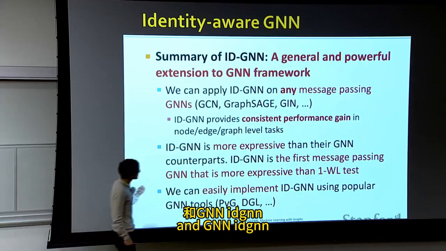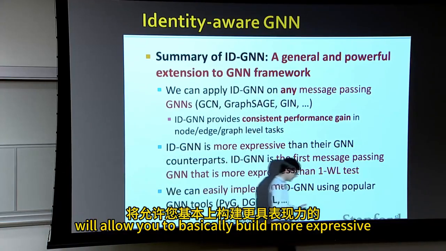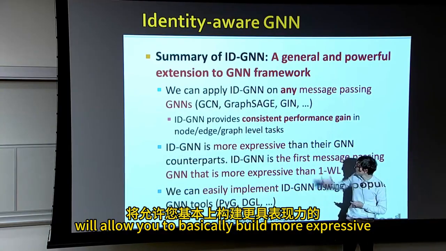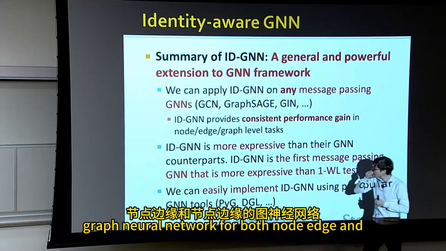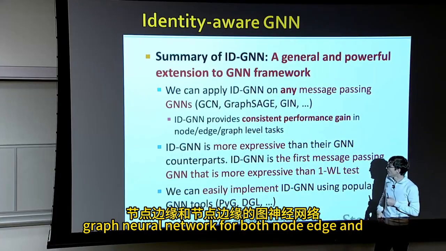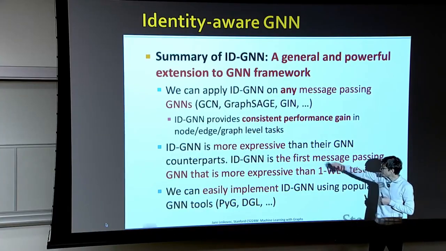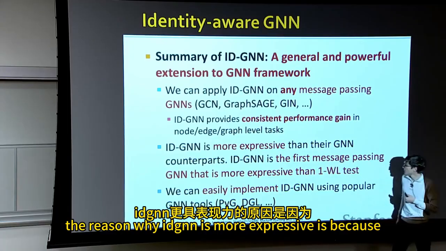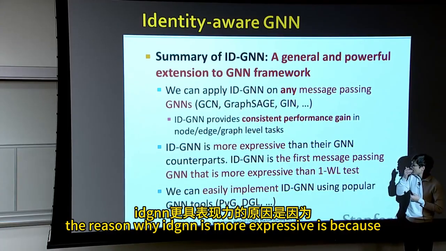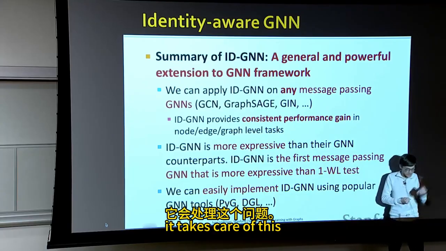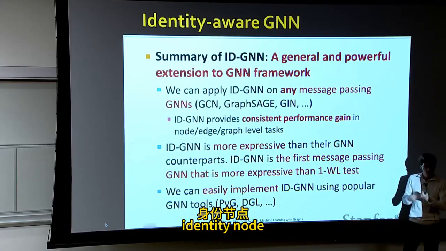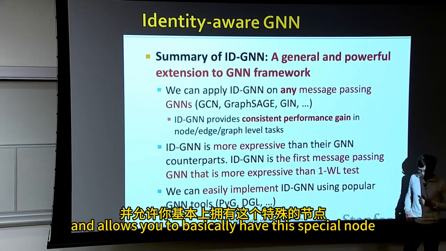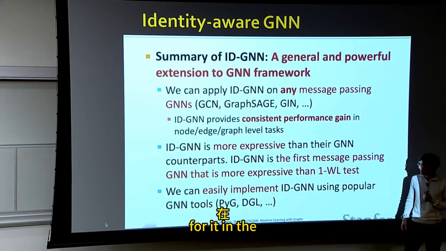And IDGNN will allow you to build more expressive graph neural networks for node, edge, and graph level tasks. The reason why IDGNN is more expressive is because it takes care of this identity node and allows you to have this special node and account for it in the message passing.